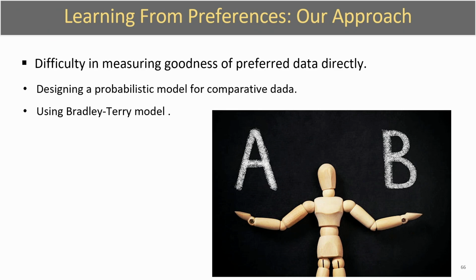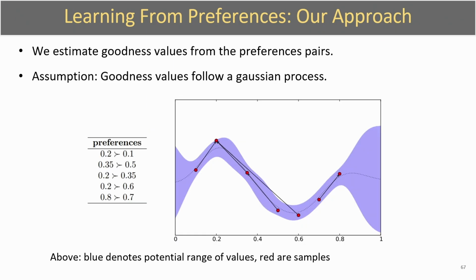Once we get such preference data, we normalize it to 0 to 1. The difficulty is measuring the goodness of the preference data directly, and for that we need a comparative model to represent the data set from the preference survey. We use the Bradley-Terry model for that, and then we estimate the goodness values from the preference pairs.